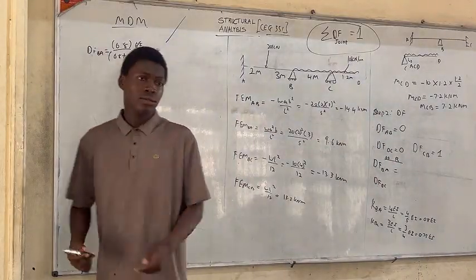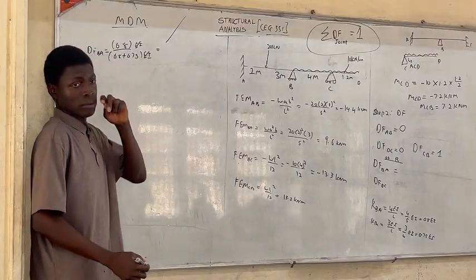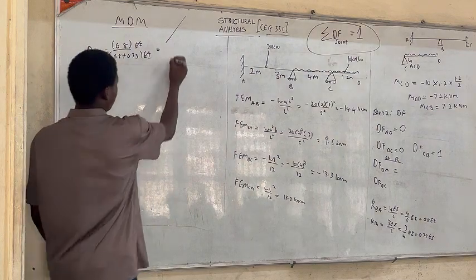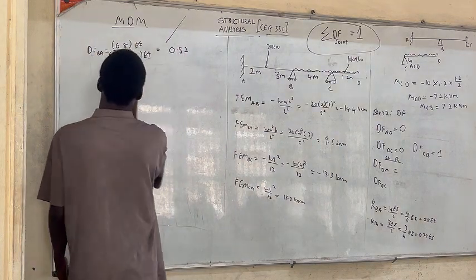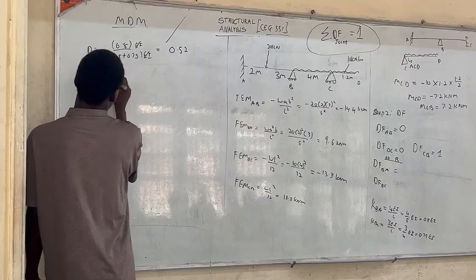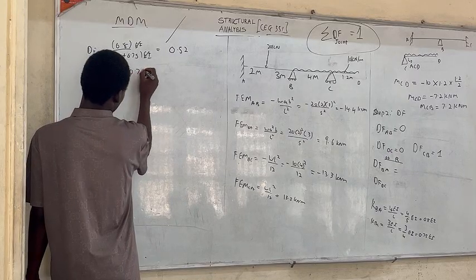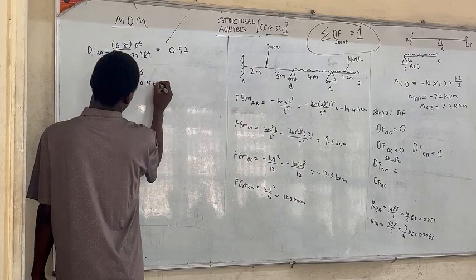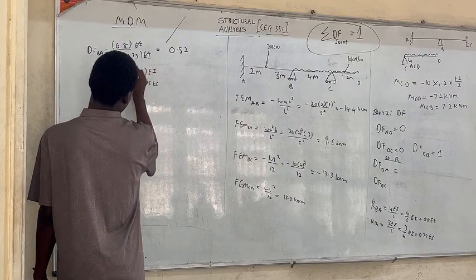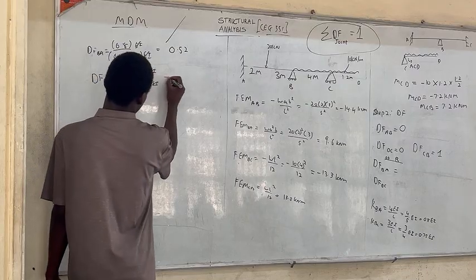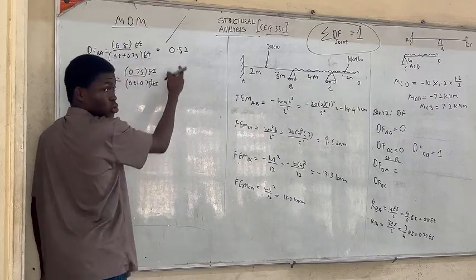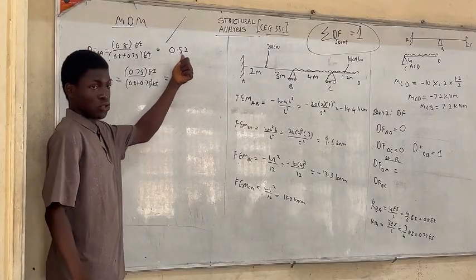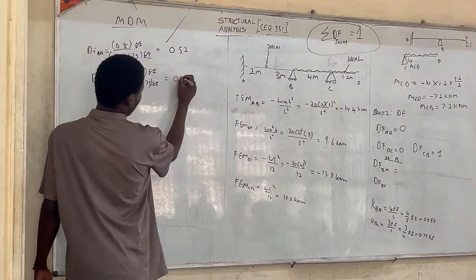No, now 5. Now, EM, BC. What should we have? 0.1.